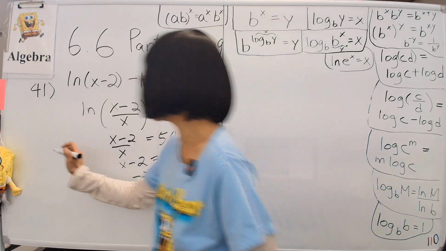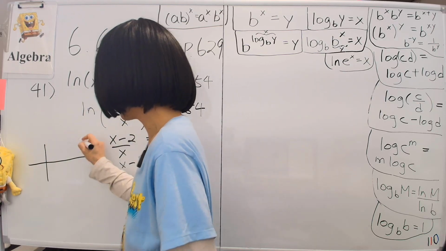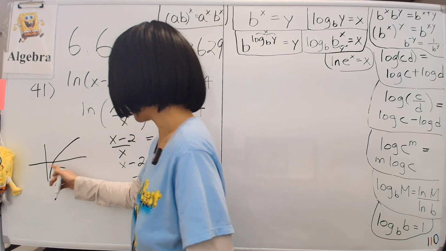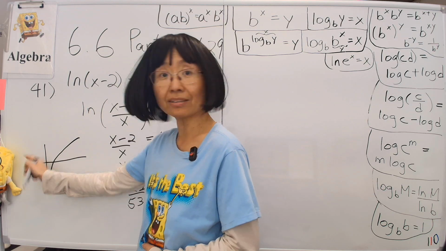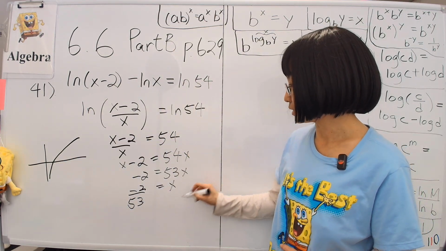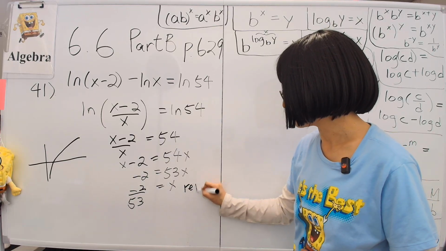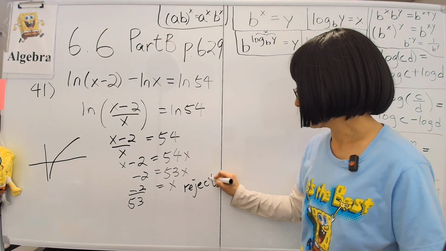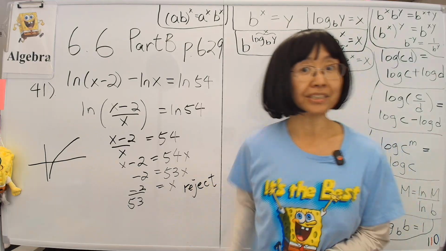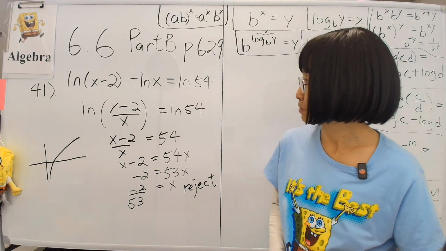Any log will only take the log of positive numbers. A graph of log looks like that: only on this side, there's nothing on this side. So if x is negative, it has to be rejected. We'll call it rejected, and therefore there's no solution. The answer is that there is no answer, and that's the answer to this problem.